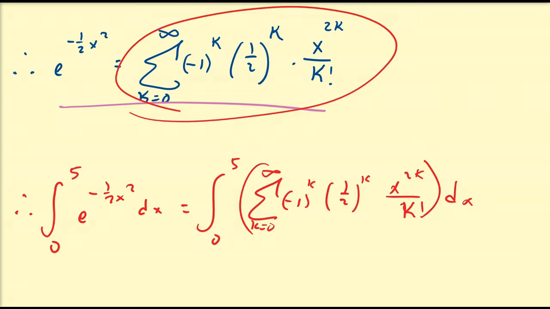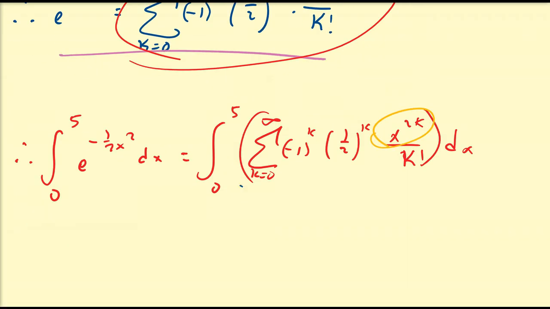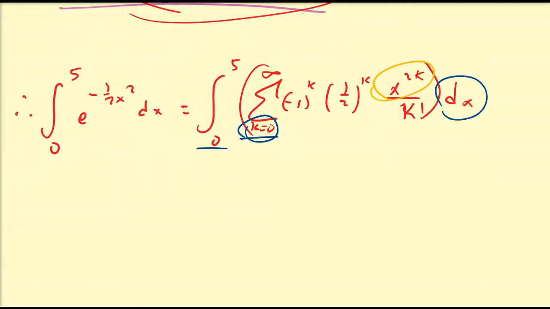Notice the only thing that has x in it is this expression, so everything else I can factor out. Summations and integrals can switch because they're not of the same variable: this is of k and this is of x. There's another theorem that dives into the detail of when you can switch, but that's the basic idea that you need to know.